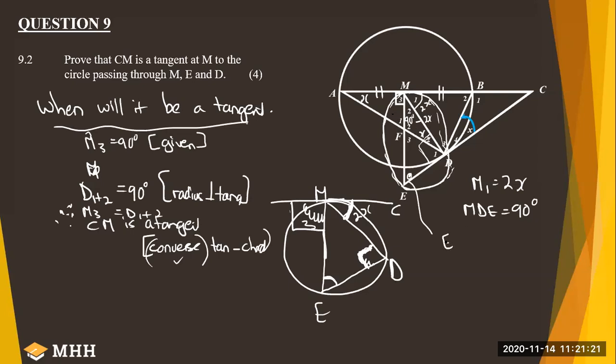So they said angle E plus that 90 degrees minus 2x plus angle D1 plus 2, interior angles of a triangle is equal to 180. And from that, they got that angle E is 2x.